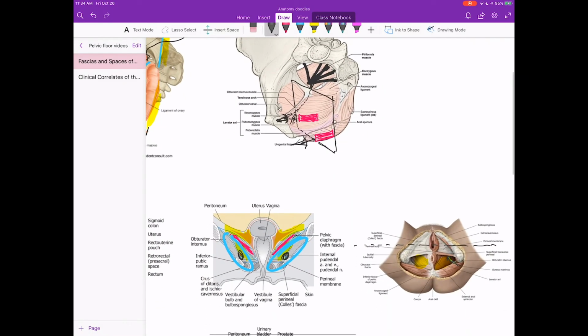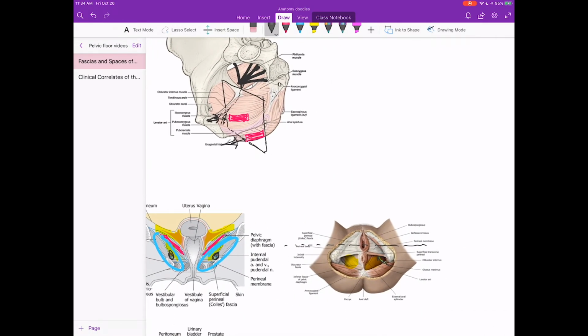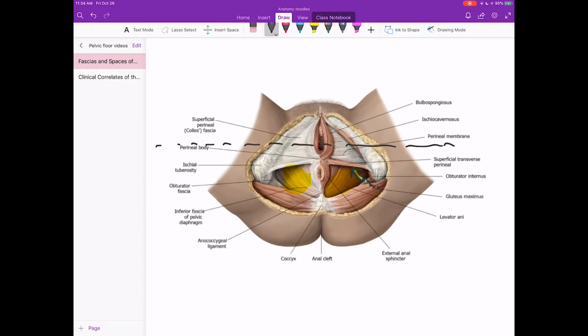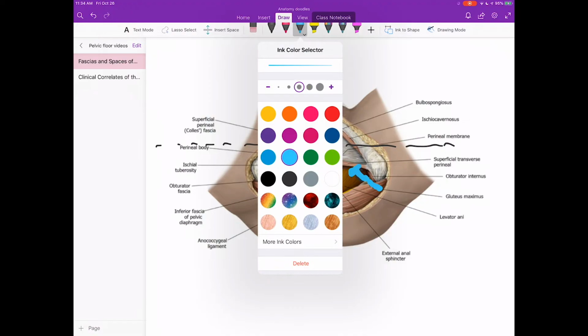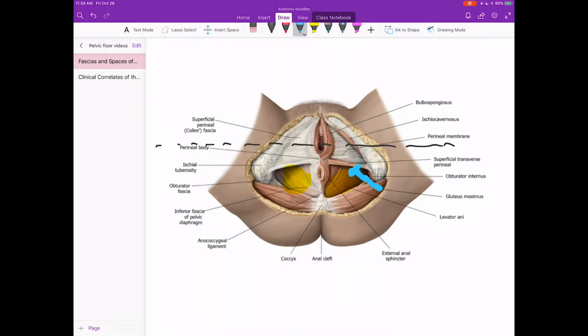What does that look like over here? Again, here's my pudendal nerve, which I drew originally in black, but it's essentially coming this way, and it's going to split around the UG diaphragm, so including here the superficial transverse perineum muscle. So it goes this way, and it goes this way, and it will send all sorts of branches to the different muscles and the skin of this region, eventually to reach the clitoris.